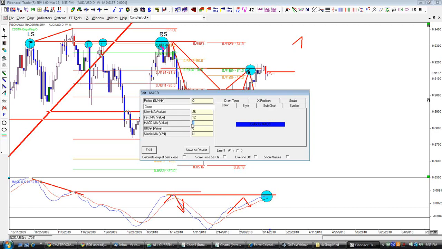I do remember there was something different on the MACD settings of the MT4, and I believe it was that the settings were backwards.